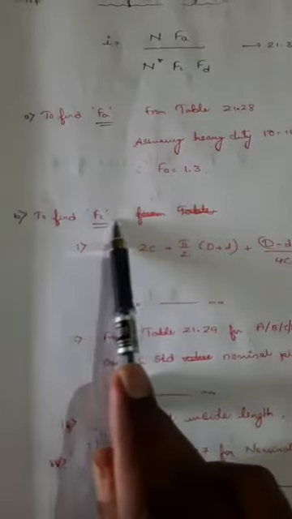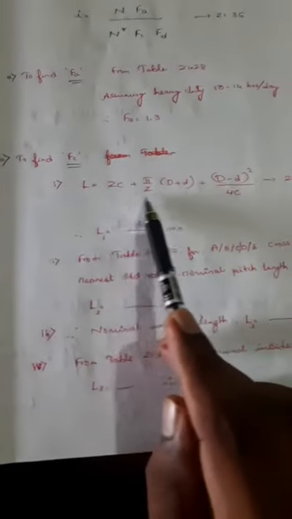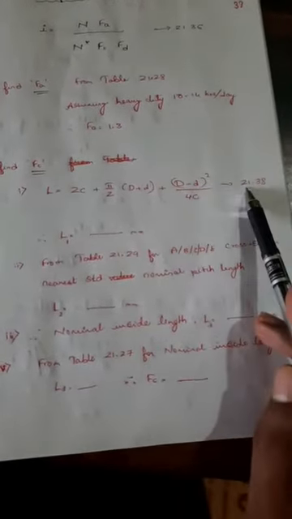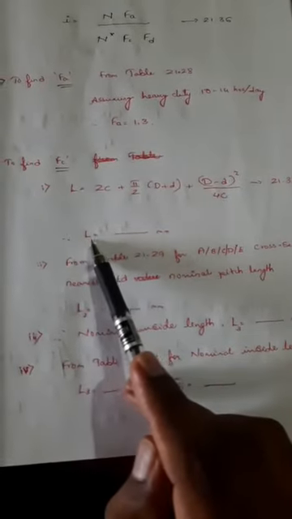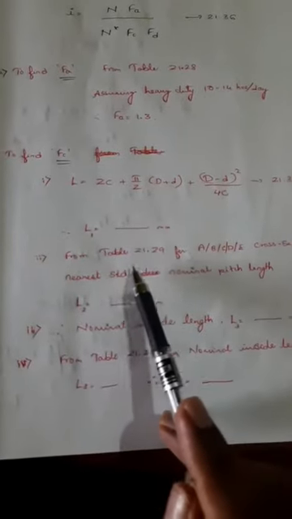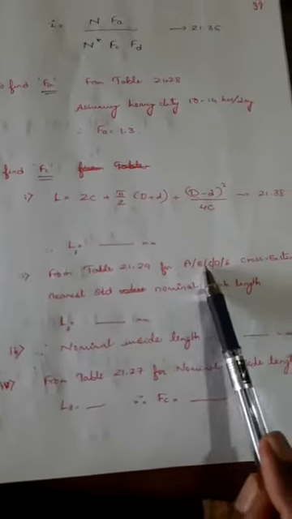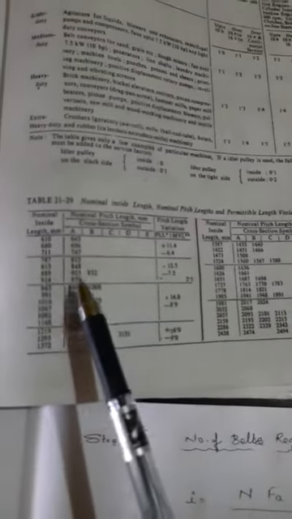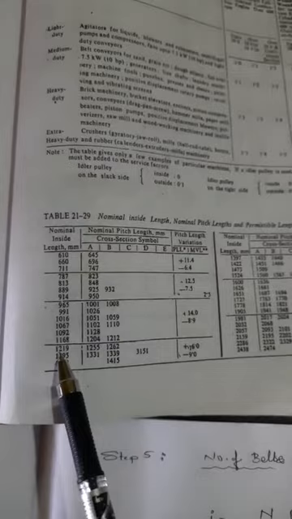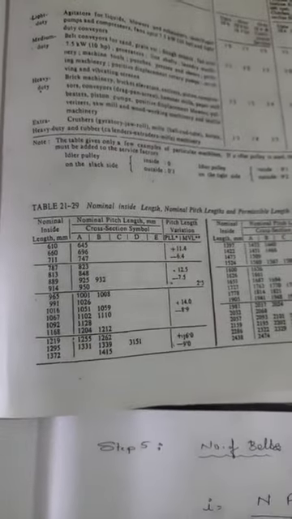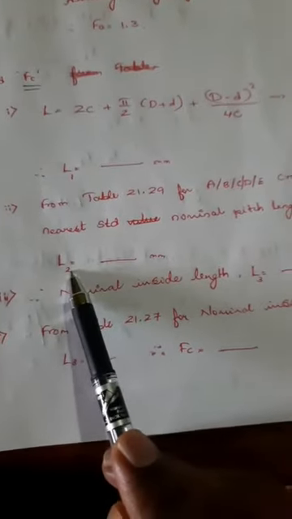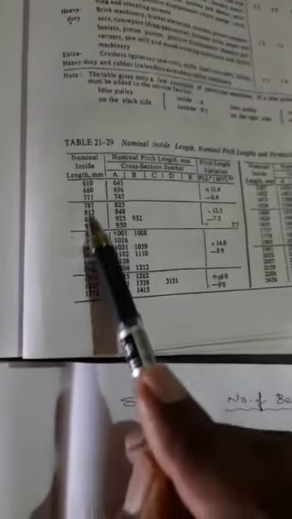After finding FA, now find FC. To find FC, first find L. The L formula is 2C plus pi by 2 into (D plus d) plus (D minus d) the whole square by 4C, equation number 21.28. You get the first L, call it L1. With this L1, from table 21.29, for the chosen cross section A, B, C or D, select the standard nominal pitch length, called L2, in mm. Then find the nominal inside length, L3, the nearest value.